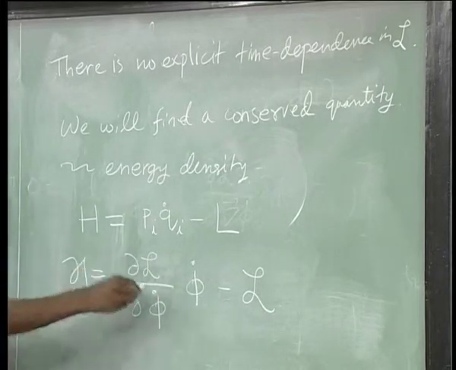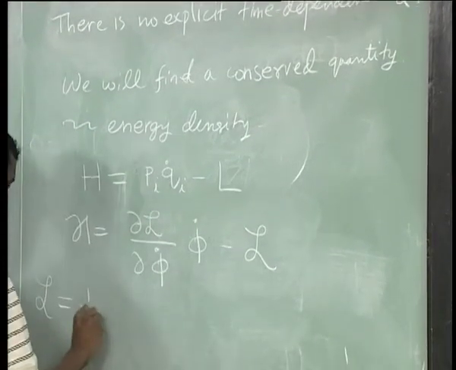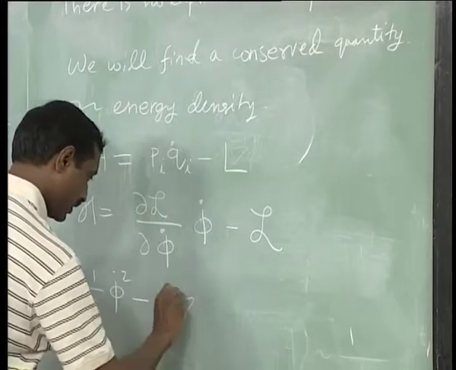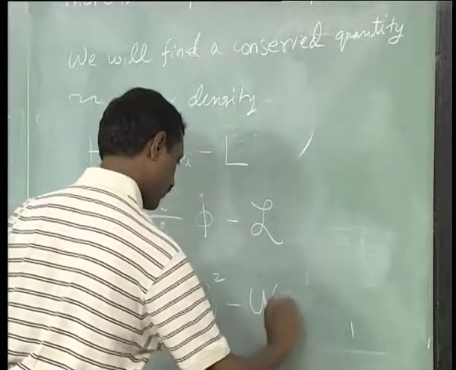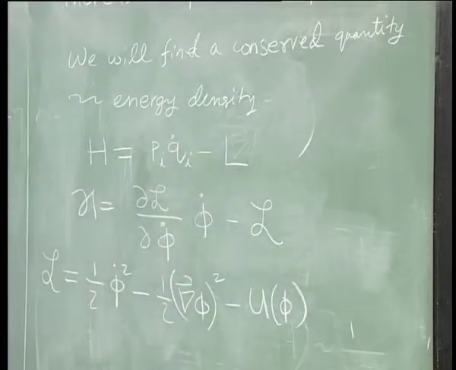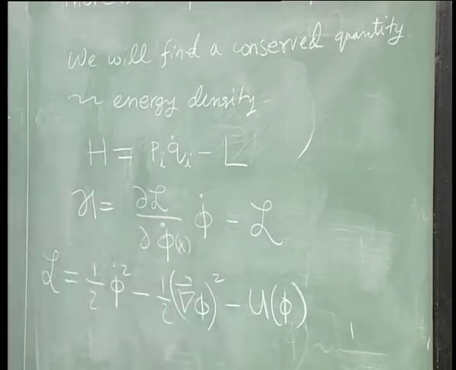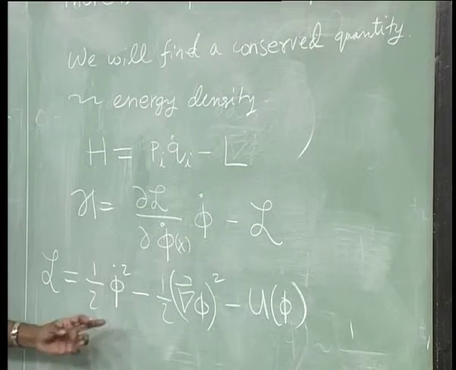So, let us work out what this is. Coming back to our example, we chose L to be half phi dot square minus half gradient phi square minus u of phi. Okay. Of course, this has an argument of x, etc. We are just hiding all those things, because for what we are going to do here, we just look at where the phi dot appears, and here is phi dot.